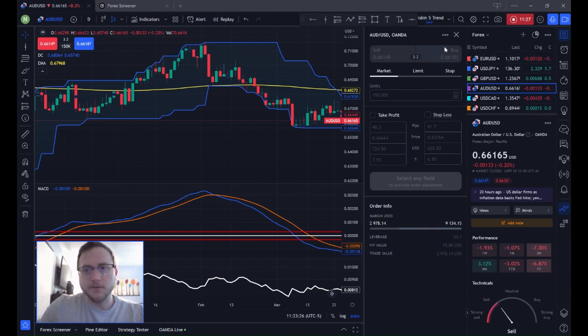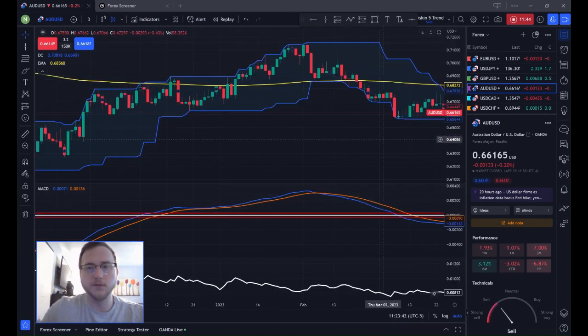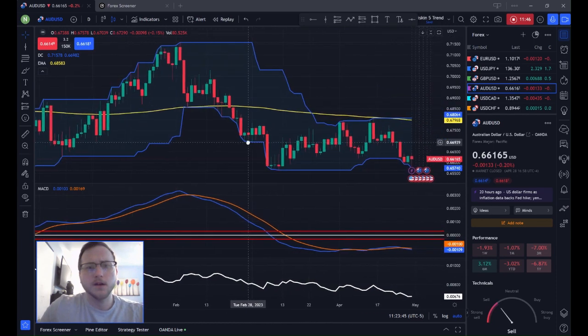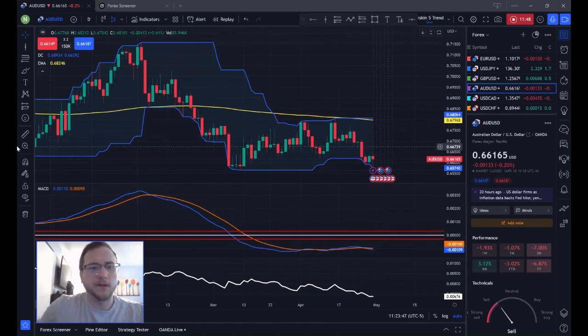I go off one lot worth for all my units. So Aussie USD is 150,000 units for basically the value of one lot for any other pair like Euro to USD. So I try to trade that range. That's still about $3,000.